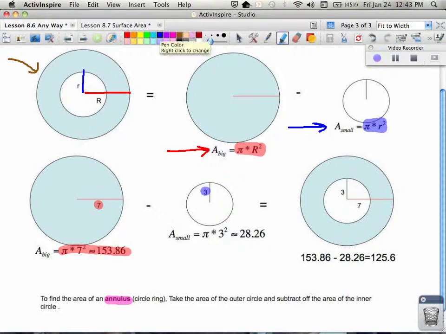The smaller circle would have pi times 3 squared, or in other words, 28.26. I subtract that smaller area from my bigger area, and what I get as a result is the answer of the donut, or the annulus, which is 125.6. So take the big circle, subtract out the small circle, and find the area of your annulus.